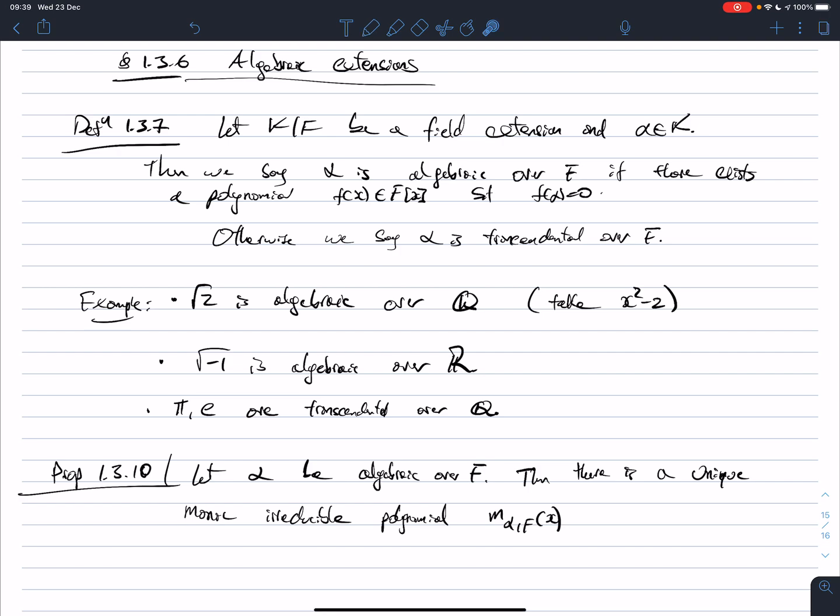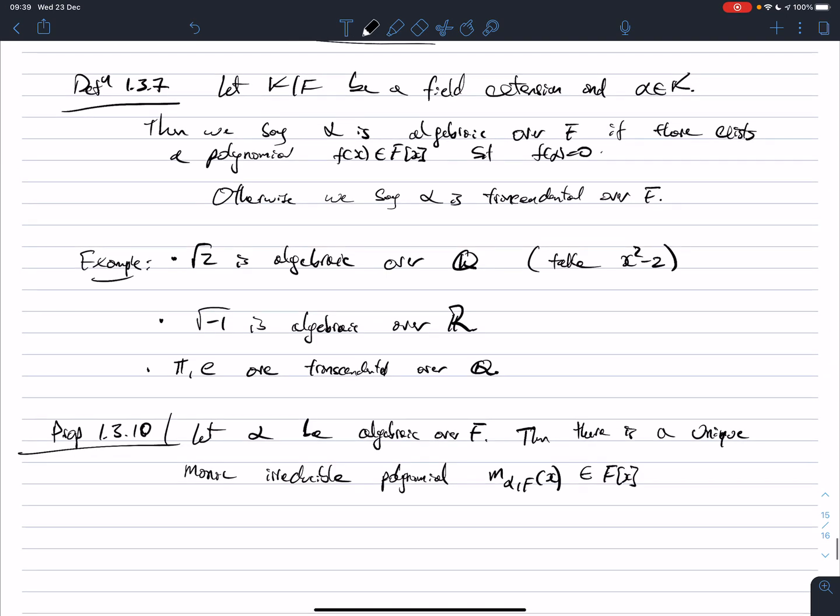So alpha is the element that I've taken, F corresponds to what field we're working over, and x is just the variable for the polynomial. So this is some polynomial in F[x], and it's monic. Monic will be important later on for algebraic integers. Monic and irreducible. So it's some polynomial which has alpha as a root.